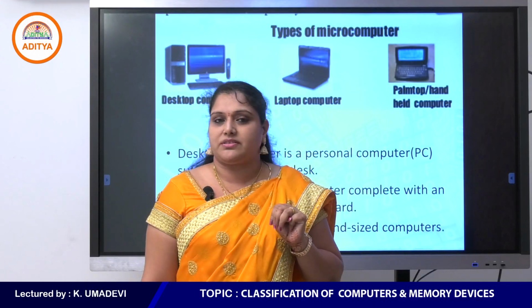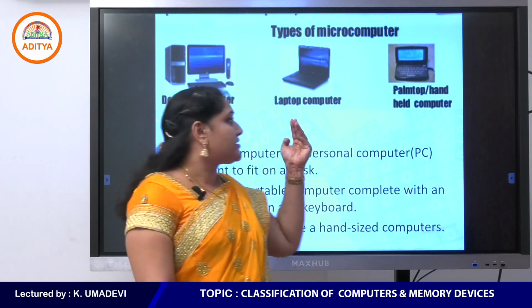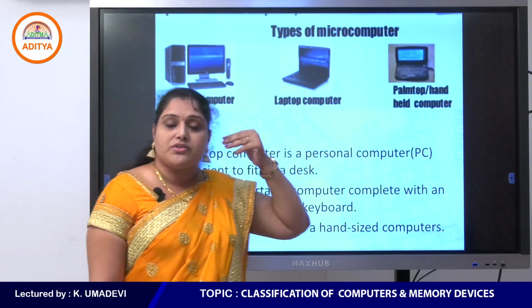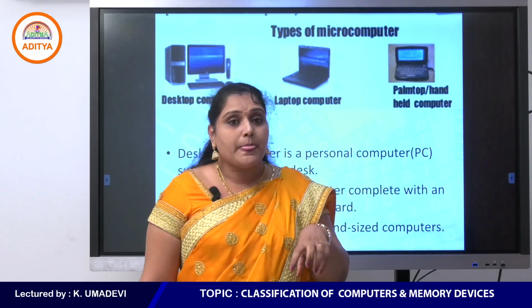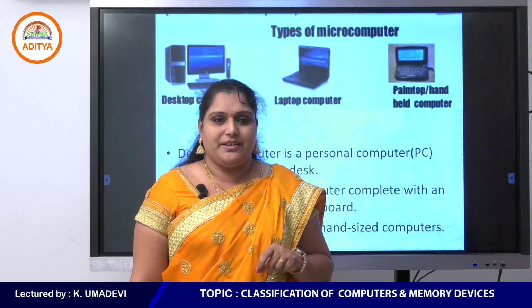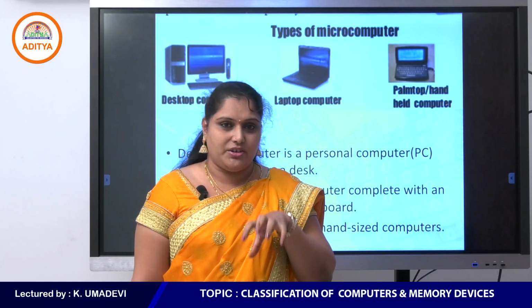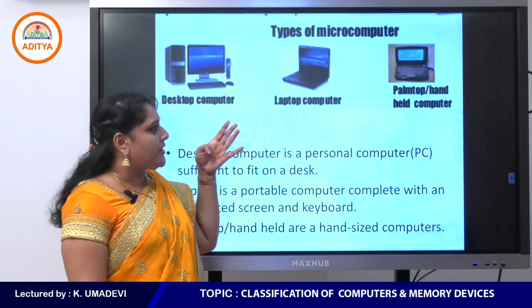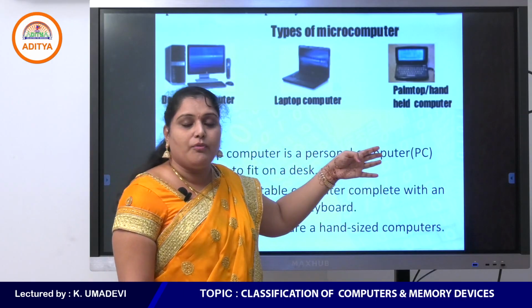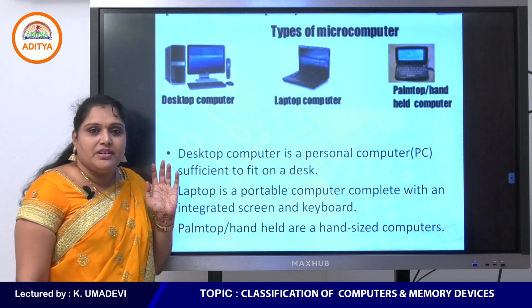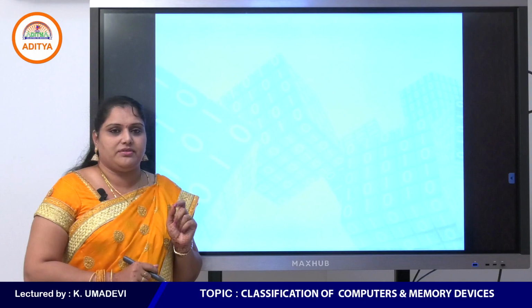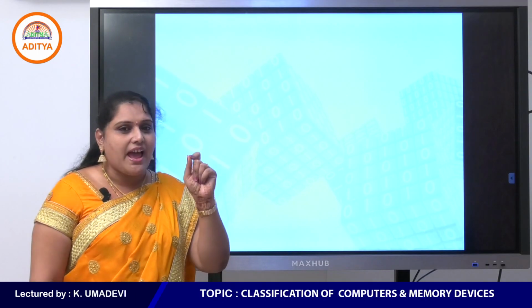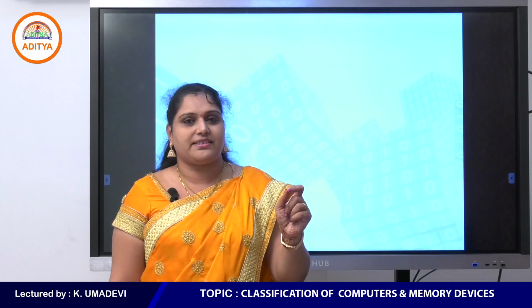See, our mobile phones, palmtops, handheld computers, all of these come under microcomputers, because a microprocessor is used in laptops, palmtops and handheld computers. What is a desktop? See, IBM first developed the desktop computer. A desktop computer is a stand-alone machine that can be placed on a desk.